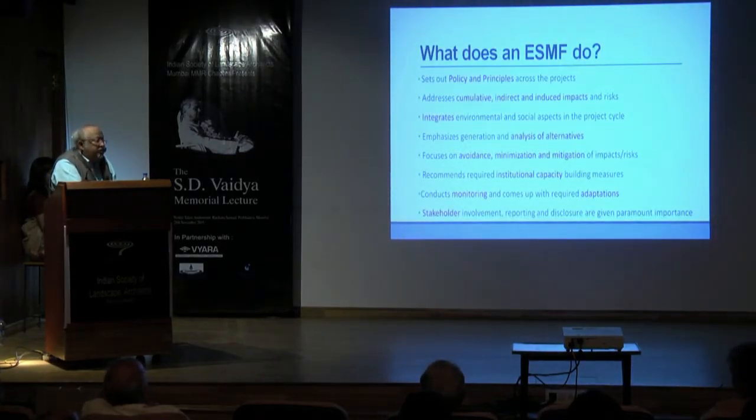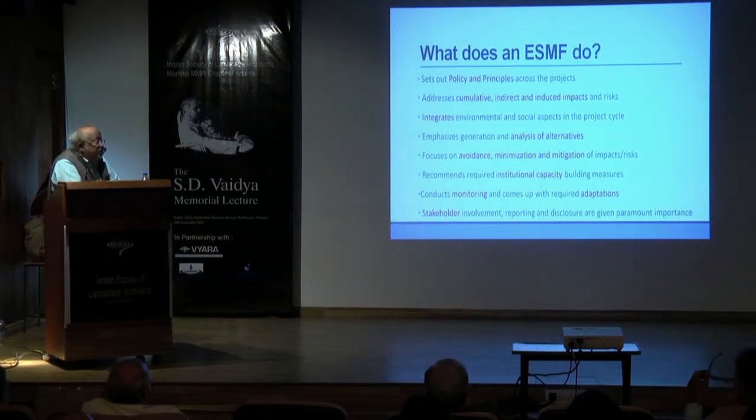And what does this framework do? It sets out policy and principles across the projects. These frameworks address cumulative, indirect, and induced impacts. They integrate environmental and social aspects in the project cycle. Most importantly, they emphasize generation and analysis of alternatives. They focus on avoidance, minimization, and mitigation of both impacts and risks.